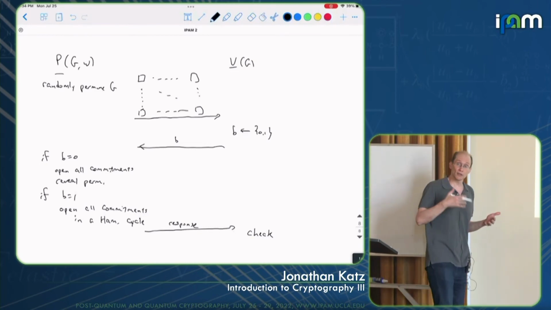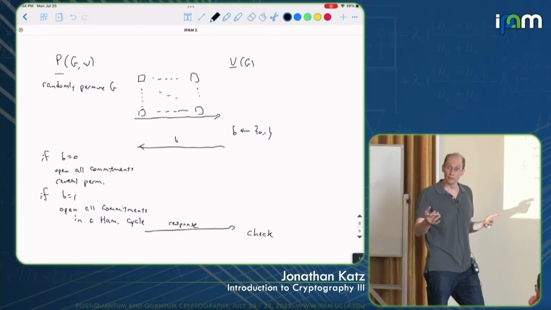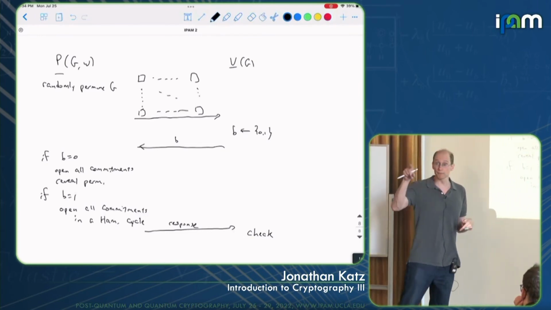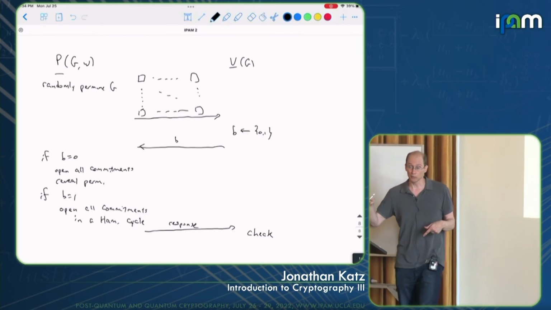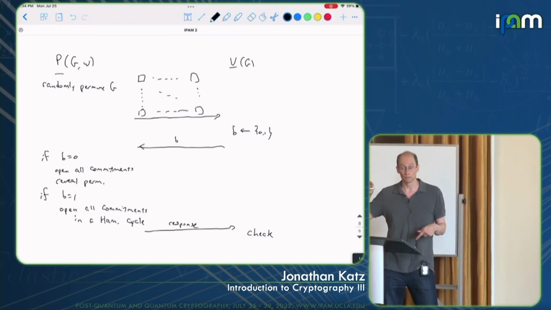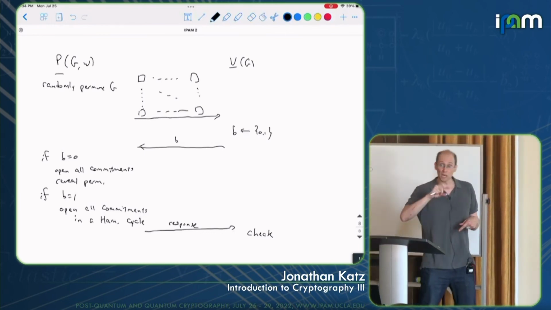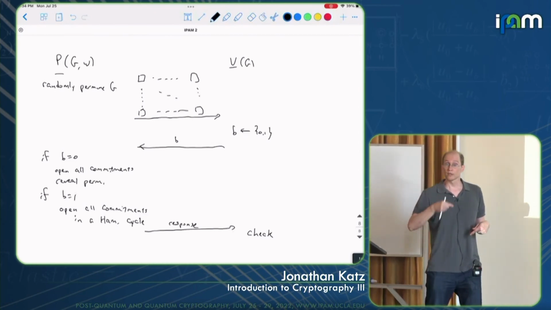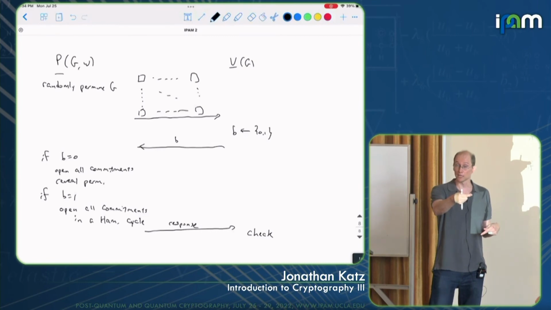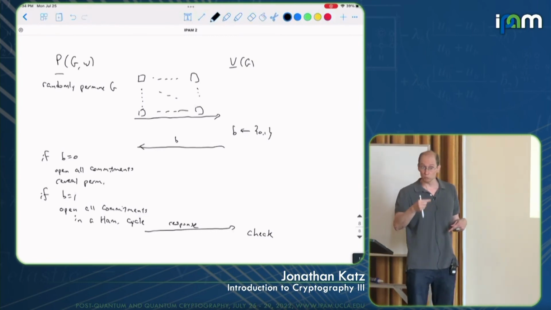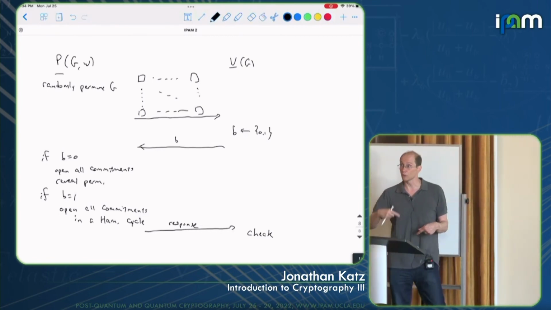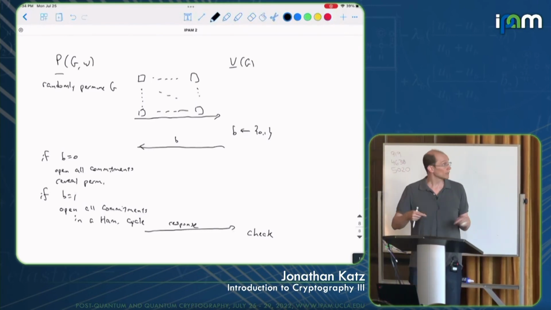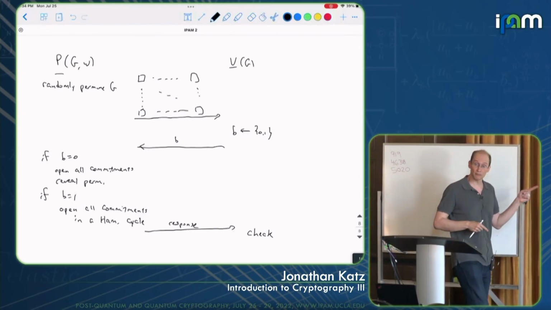Or it can guess that the verifier's challenge is going to be a 1, and in that case, the prover will simply commit to the adjacency matrix for a random Hamiltonian cycle. Okay? And in each case, it will not be able to open up the commitments properly for the other challenge, in case it was wrong. But if its guess was correct, which will be true with probability half, it will be able to answer correctly. Okay? So the prover here can cheat with probability half, but can't cheat with probability 1.